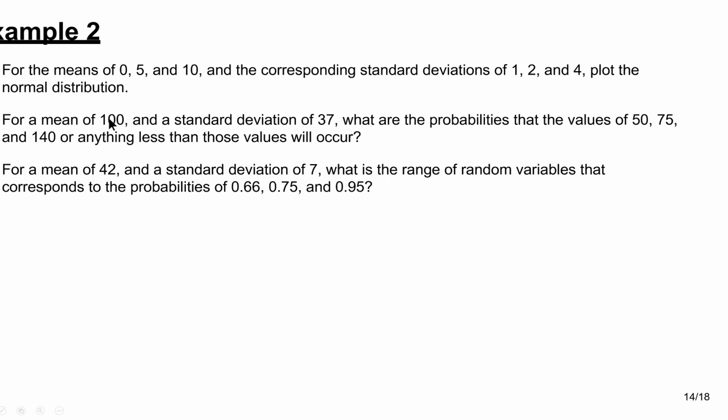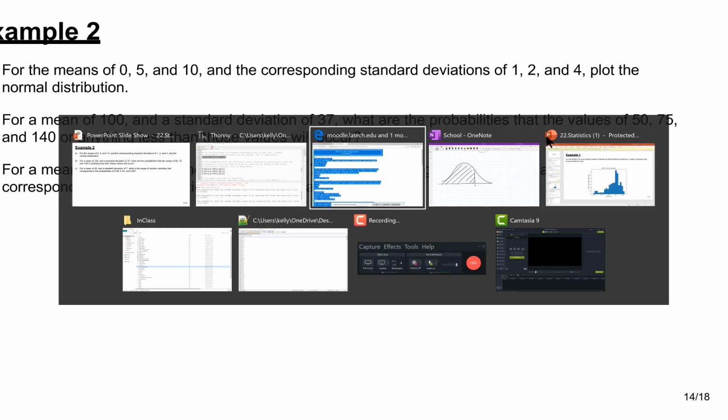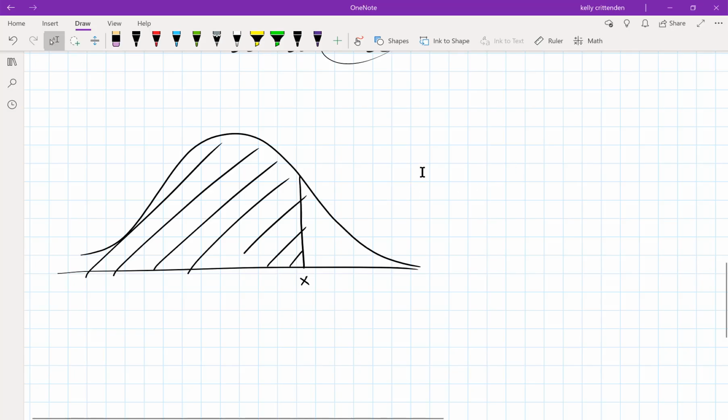Part B, we're given a mean of 100 and a standard deviation of 37, and we want to know what are the probabilities that 50, 75, and 140 or anything smaller than those will occur. So what that is referring to is basically this thing.